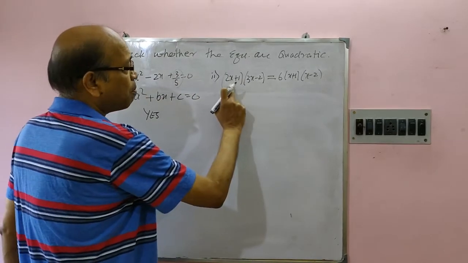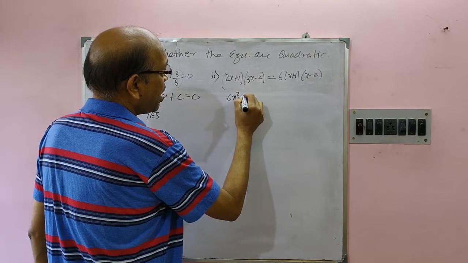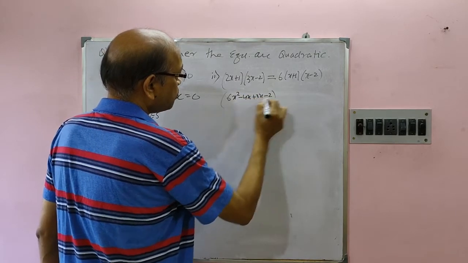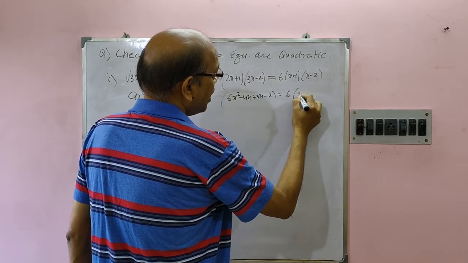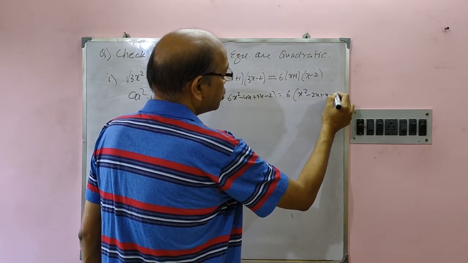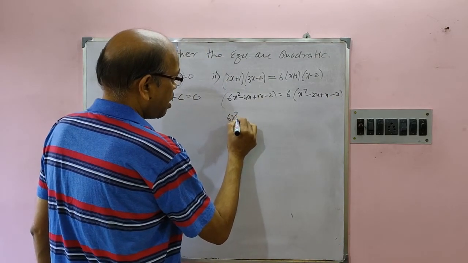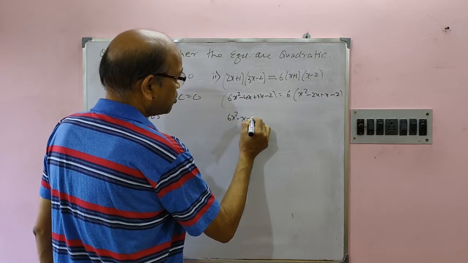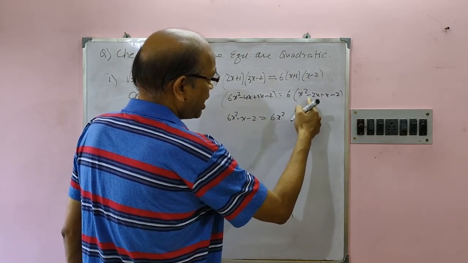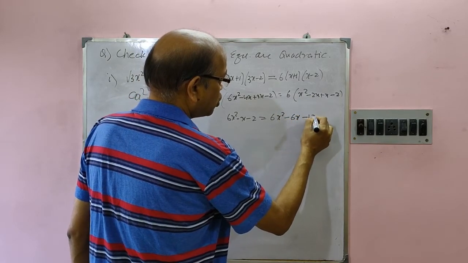Let's solve this. Multiply this. So what do I get here? 6x squared minus 4x plus 3x minus 2. So we get 6x squared minus x minus 2 is equals to 6 times (x squared minus 2x plus x minus 2), that is 6x squared minus 6x minus 12.